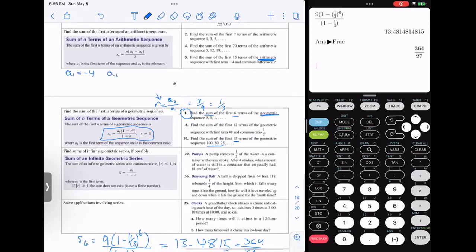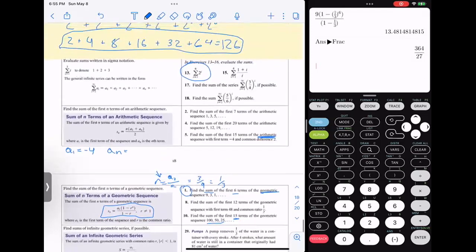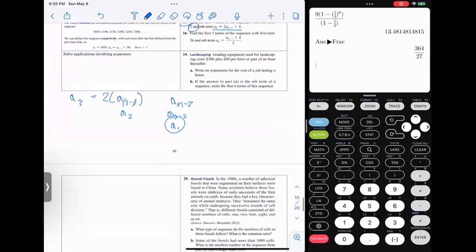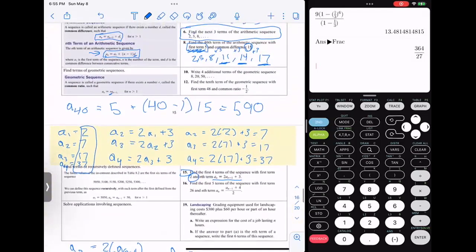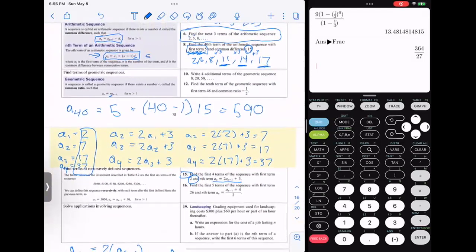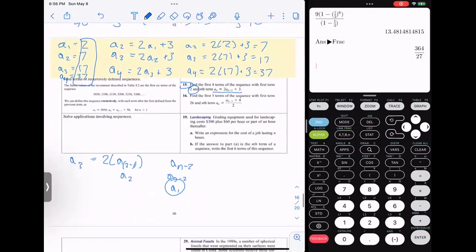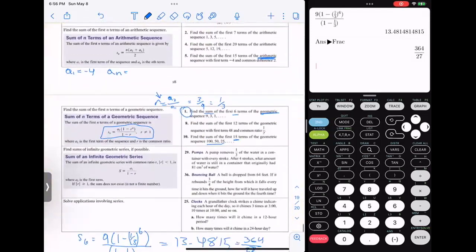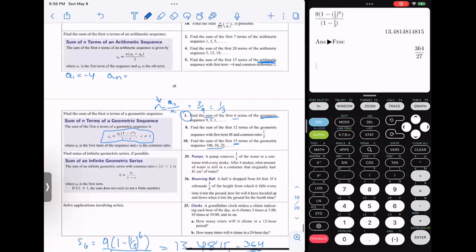And A sub n, remember our formula way back up, where is that? Up here. So A sub n is first term plus n minus 1 times d. So we want to find the 15th term, right?